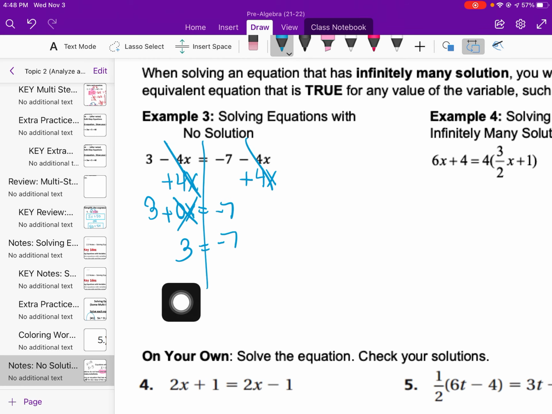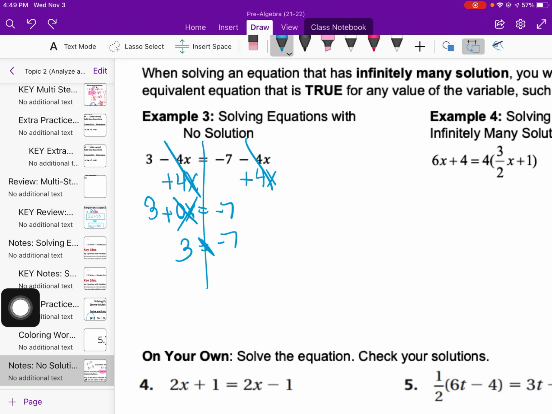Well, this means that you first off know that 3 can never equal a negative 7. With that being said, I know that this kind of an answer is a no solution type of equation because these two never equal each other. They never could.